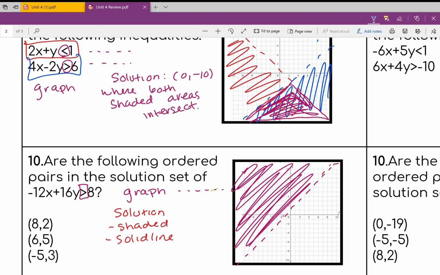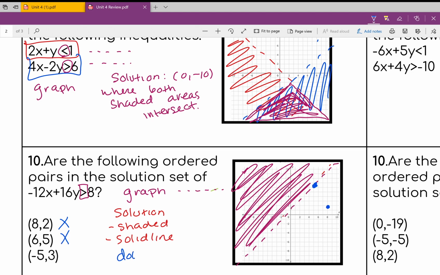So the first point, 8, 2, is over here. It's not in the shaded area or on a solid line. 6, 5, I know it looks a little off on your paper, but it's supposed to be up here. It's supposed to be on that dotted line if you're looking at a graph. So since it's on a dotted line, again, this is not a solution.